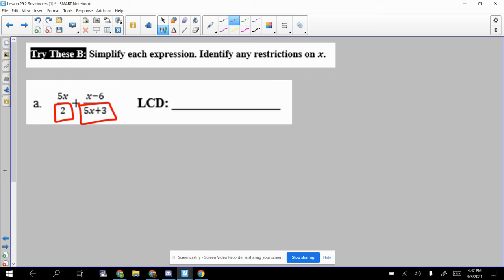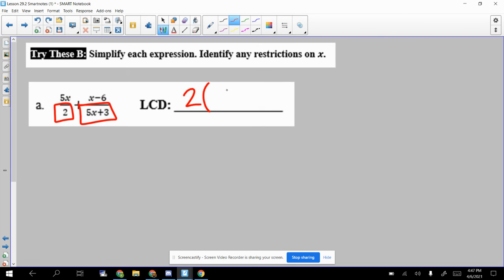The first thing you should be doing is trying to factor, but actually neither of these are factorable. So there's nothing in common, so we would write them both out. That is your least common denominator, 2 times 5x plus 3.